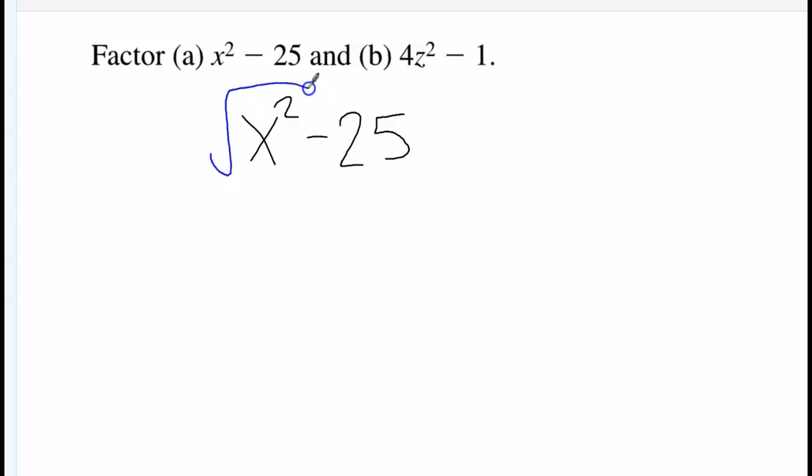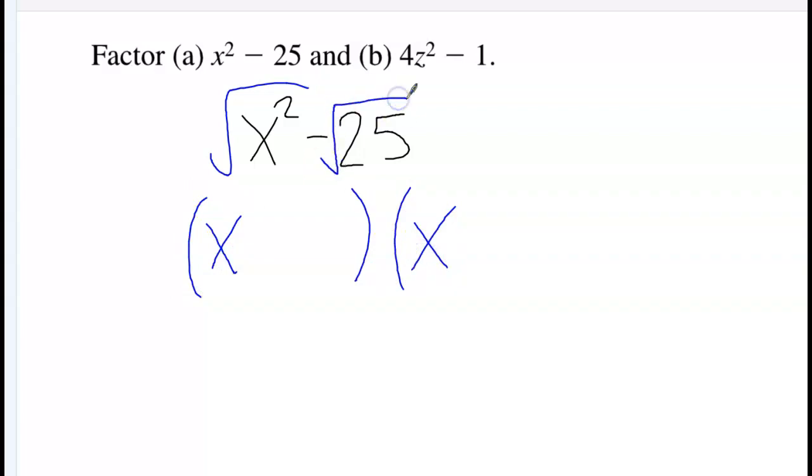So if I take the square root of x squared, I would just get x. So that's going to be my first term in both parentheses. Then I take the square root of 25, which would be 5, and they have to be opposite signs. So x minus 5 and x plus 5 would be my answer.